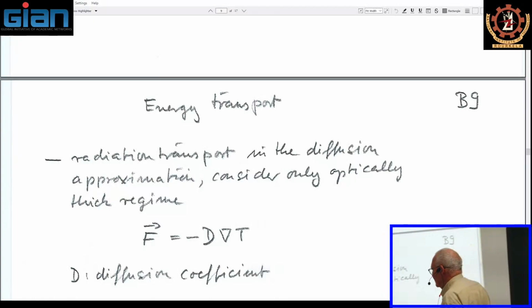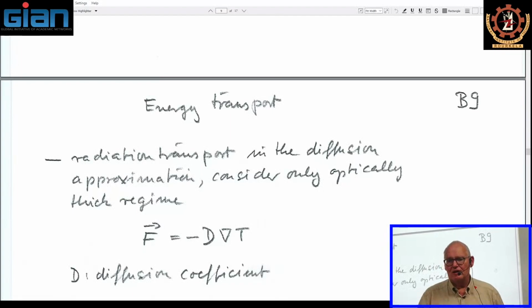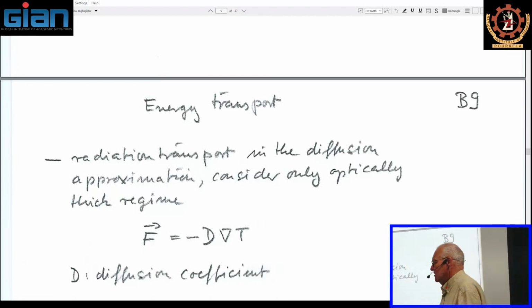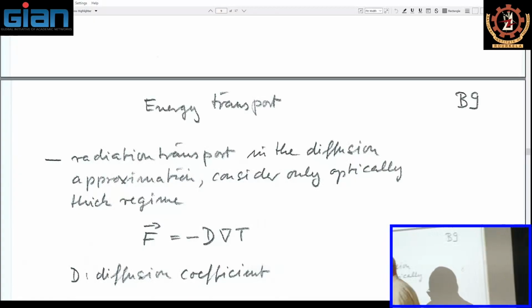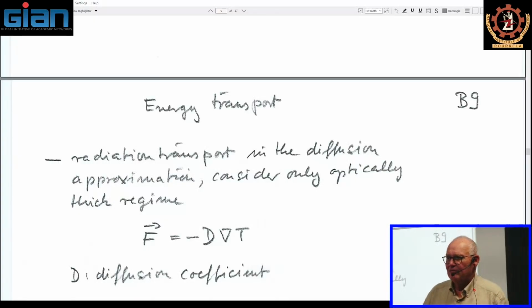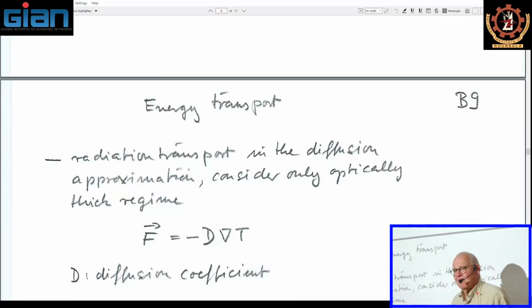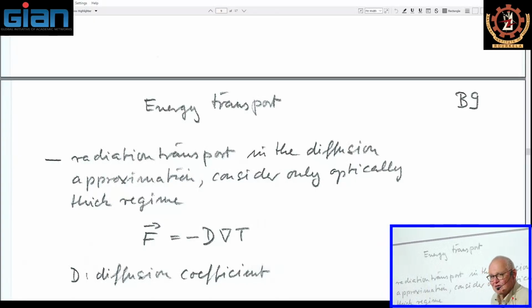And the same can be done with energy transport. Then we have the energy flux. The flux of heat will go from high temperatures to low temperatures. So the origin of the heat flux is a gradient in temperature. Whenever you have a gradient of temperature, you will have a heat flux. Of course, the heat flux goes from high temperature to low temperature, so there has to be a minus in front here.